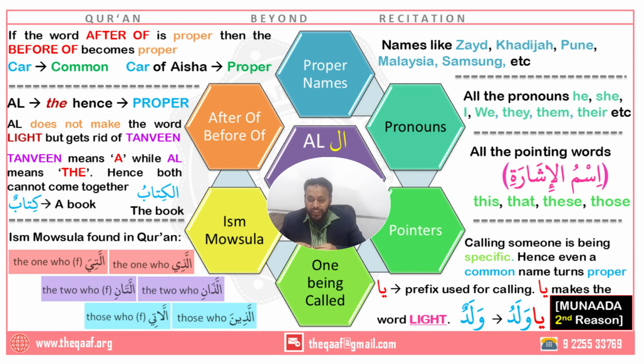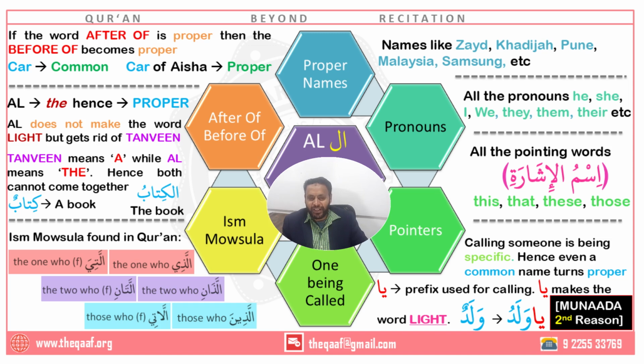So the rule is, if the after of word is proper, the before of word automatically becomes proper. In this case, car of Abdullah, Abdullah is a proper name. So the moment you use car with Abdullah in this format, car of Abdullah, the word car becomes proper. Not any car, car of Abdullah. So this is the rule, that if the after of is proper, the before of automatically becomes proper.